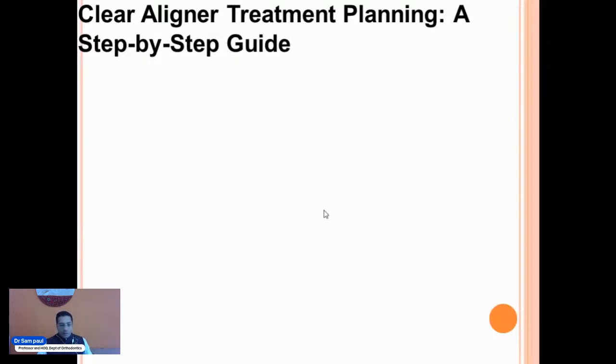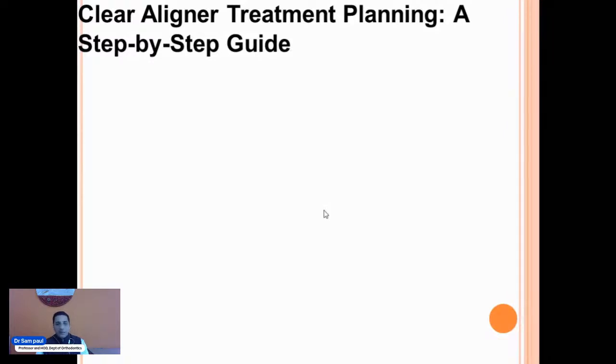So now let me come to a practical aspect. When a patient comes to you, you might have finished your undergraduate courses and started your private or clinical practice. A patient comes to your clinic asking whether they can go for aligner treatment or not.